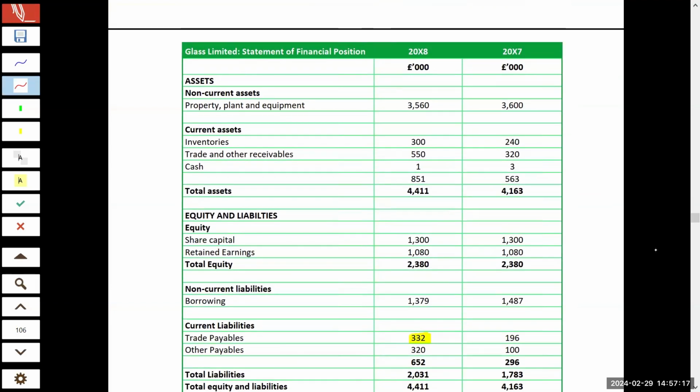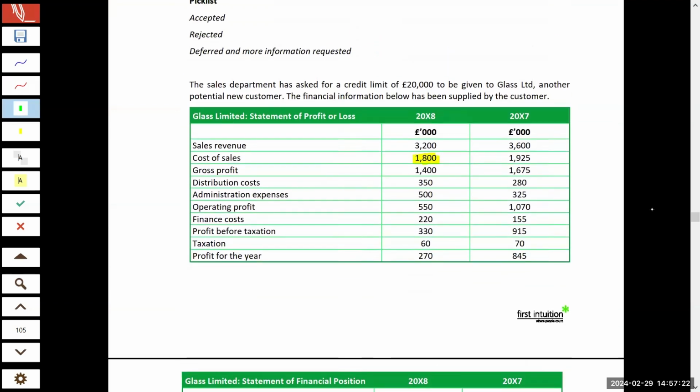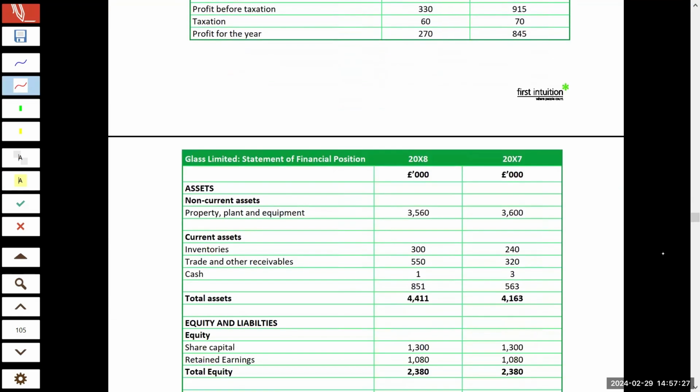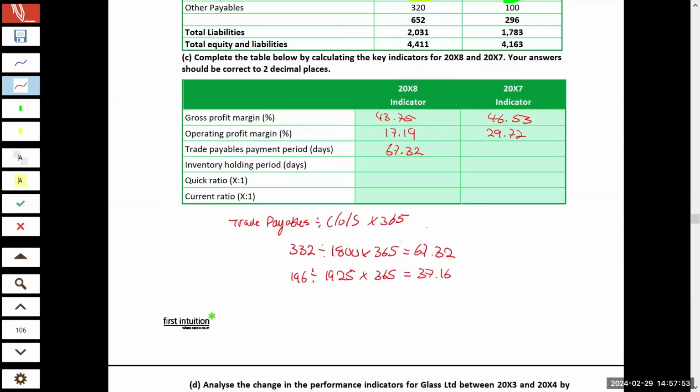Do the exact same for the previous year. 196 for the payables, 1,925 for the cost of sales. 196 divided by 1,925 and by 365 gives me a grand total of 37.16.